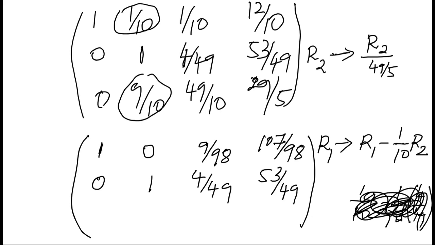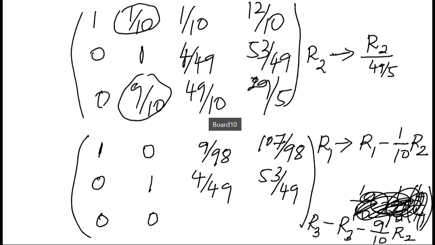Now I'm going to make R3's first element 0 using row 2, because I have to make this element 0. So R3 minus 9 by 10 into R2. This row operation we can do. If you do it like this, you will get 0. This is 0.